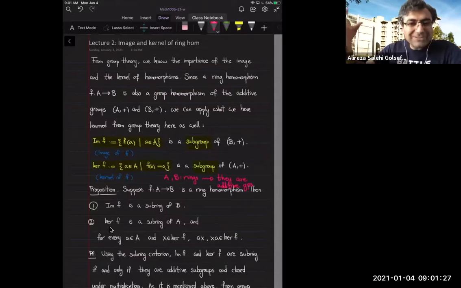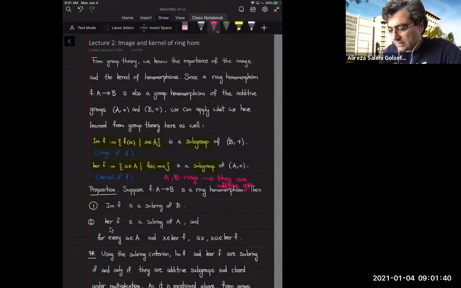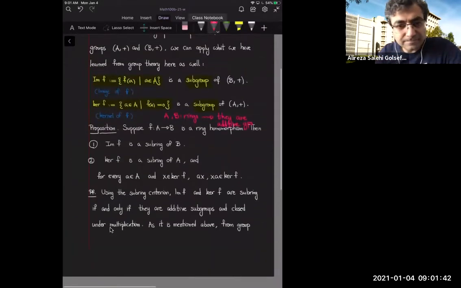So I get the same properties as highlighted here. In fact, we get more in the case of ring homomorphisms. This is what we are going to prove next: if f is a ring homomorphism, then the image of f is not only an additive subgroup of the codomain but also a subring, and the kernel of f is not only an additive subgroup of the domain but also a subring, and more.